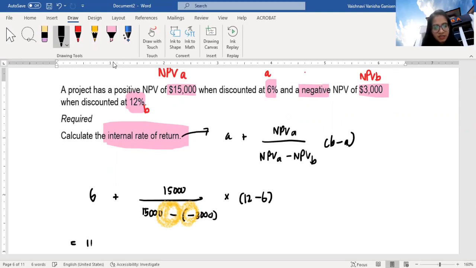This is 11%. Okay, so for this particular question, the return of the project is 11%. You cannot make any decision. There isn't anything that we can do because I have not given you a comparative figure yet. All right, so with this, we have actually completed the entire IRR and also adjusted payback period.